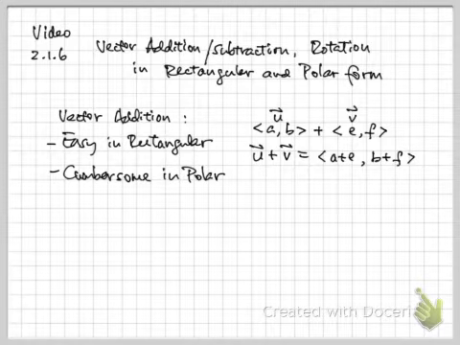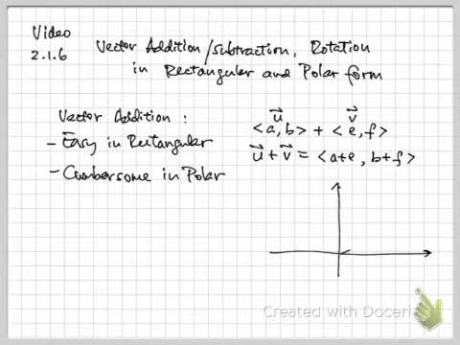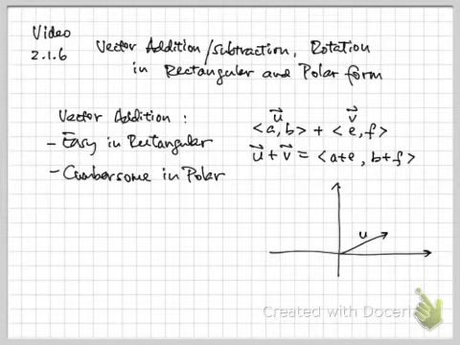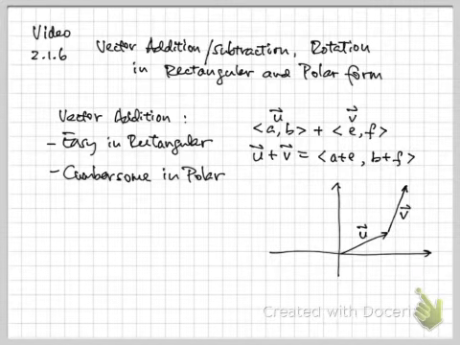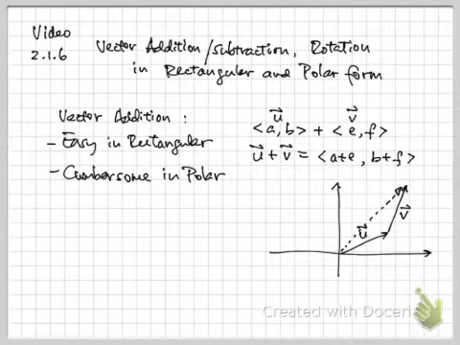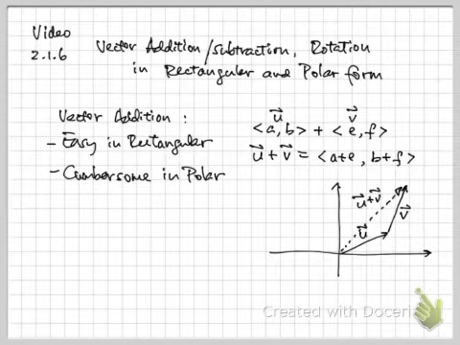Graphically, you can see that if the vector u is like this, and you add v to it, when you add two vectors you put the tail of the second vector at the tip of the first vector. So let's say v is pointing in that direction, and then the final vector u plus v is indicated by this dotted one.